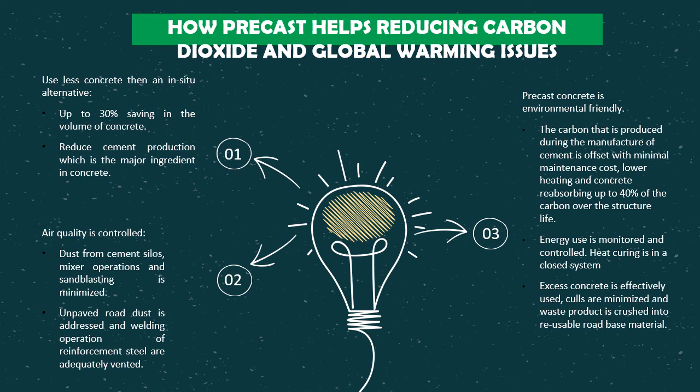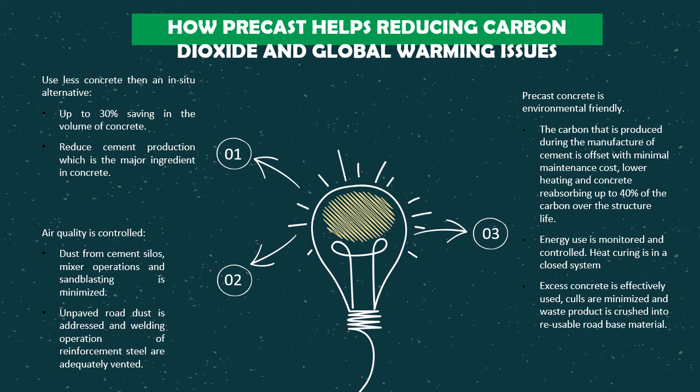First, precast uses less concrete than an in-situ alternative. It is up to 30% saving in the volume of concrete when making up the structural element. Hence, it will reduce cement production, which is the major ingredient in concrete.